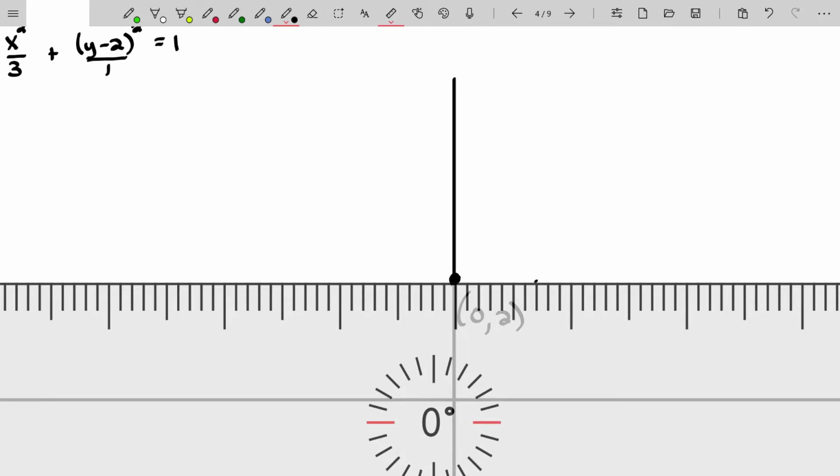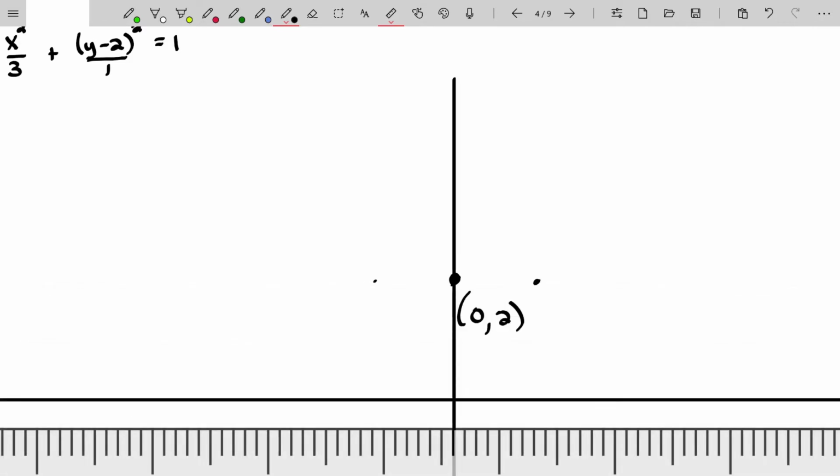So I'm sort of creating this somewhat small, honestly. So those are our vertices in the x direction. It's (root 3, 2) and (negative root 3, 2). Again, I'm drawing this kind of small by accident, but oh well.